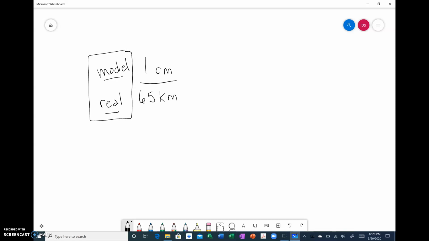It says that the distance on the map between China and New Sweden is 4.5 centimeters. I will try to not assign you ones where you have to go get a centimeter ruler. All right, so we have the model distance, the distance on the map between the two towns. We have to figure out the actual distance, the real distance.